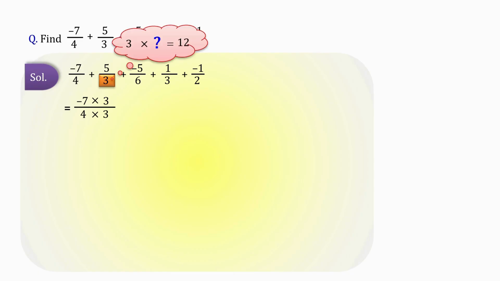In this way we have to multiply the corresponding number to make the denominator as 12 in all the rational numbers. And we have to multiply the same number in the numerator.